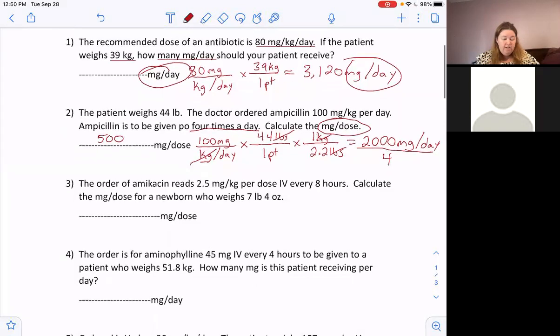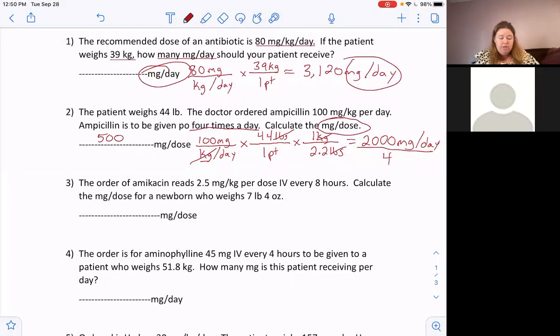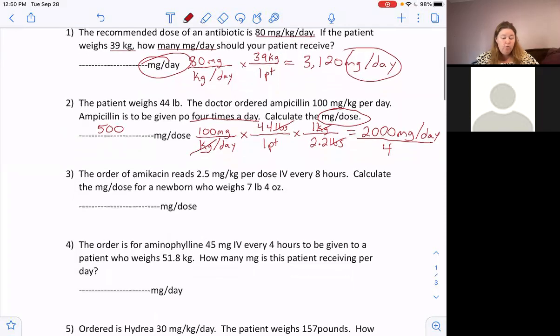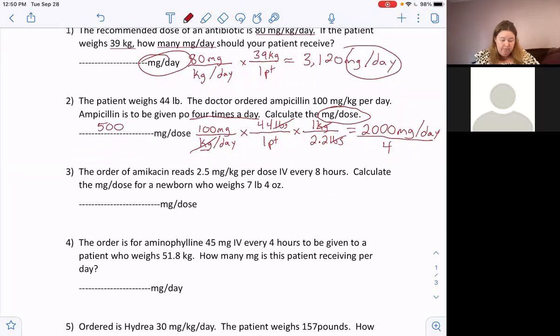The order of amikacin reads 2.5 milligrams per kilogram per dose, IV every 8 hours. Calculate the milligram per dose for a newborn who weighs 7 pounds, 4 ounces. All right.